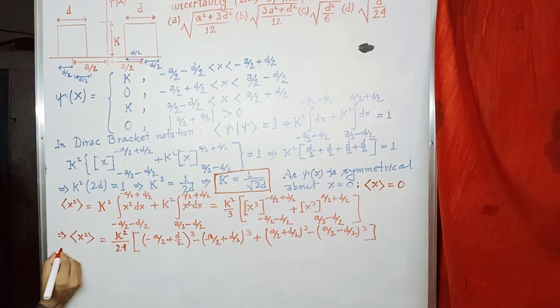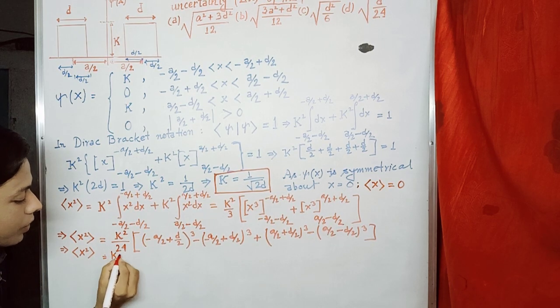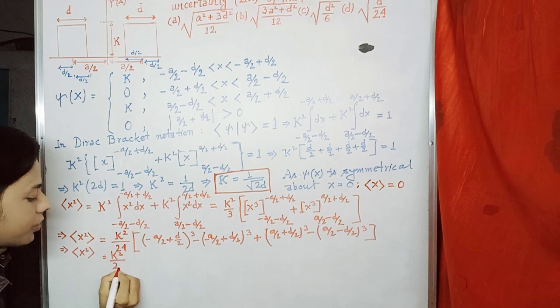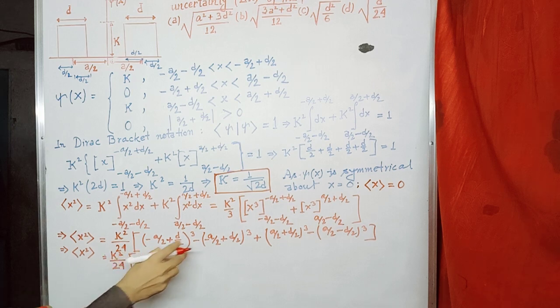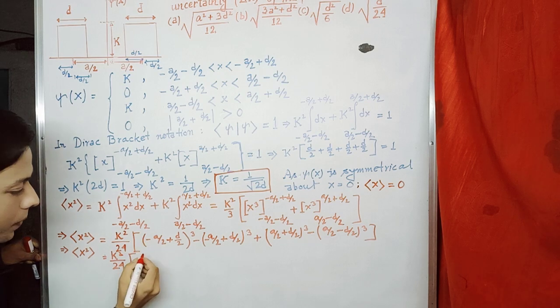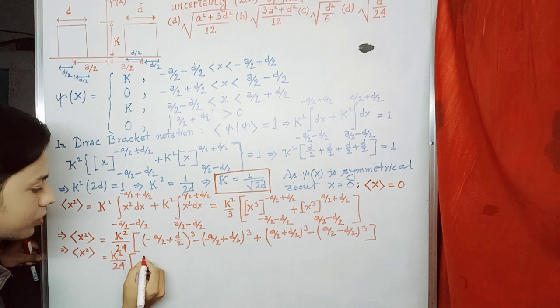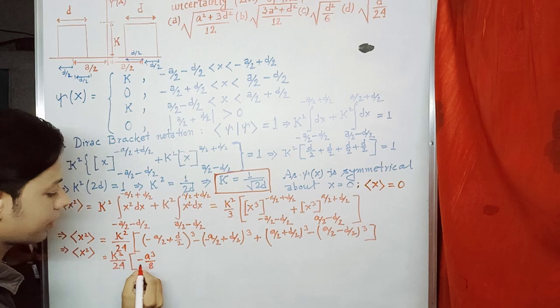then the mean of x square will be equal to k square divided by 24 into this term. Now we have to expand this term. If we expand it, a divided by 2 cube means minus a cube divided by 8.